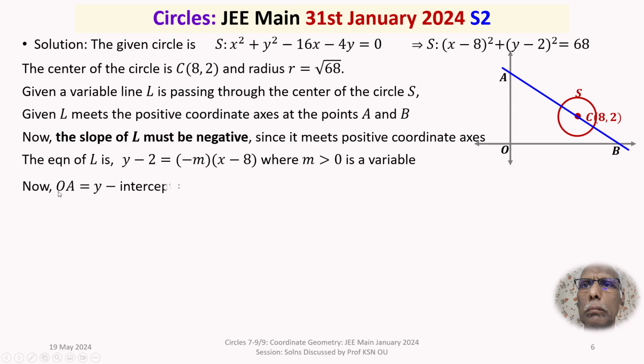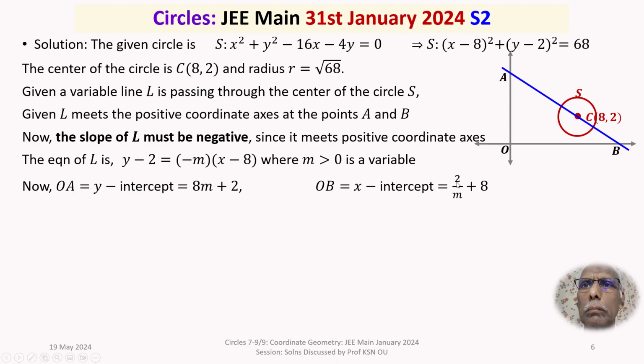Right. Now OA, what is OA? OA is the y-intercept. To get the y-intercept, put x is equal to 0. Then you will get OA will be 8m plus 2. The OB, the x-intercept, put y is equal to 0 in this and solve for x.